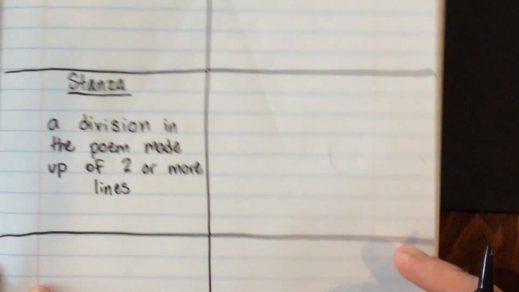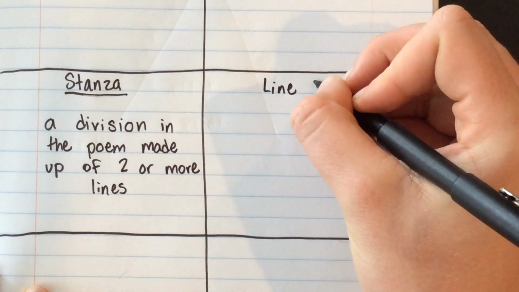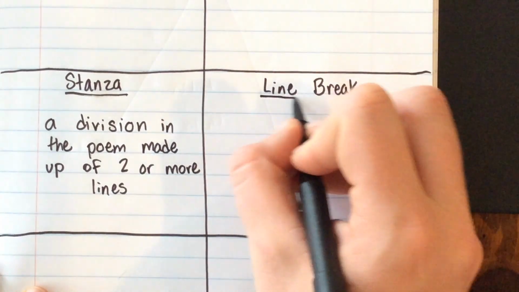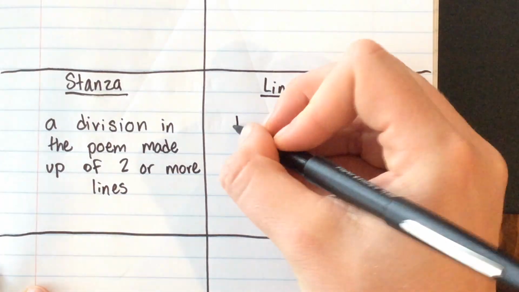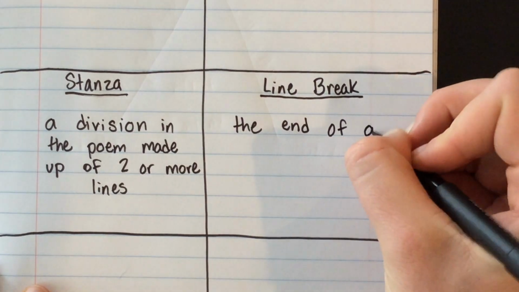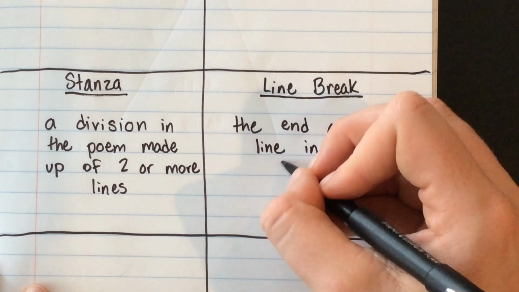The next one is line break. Line break. And this is the end of a line in a stanza.